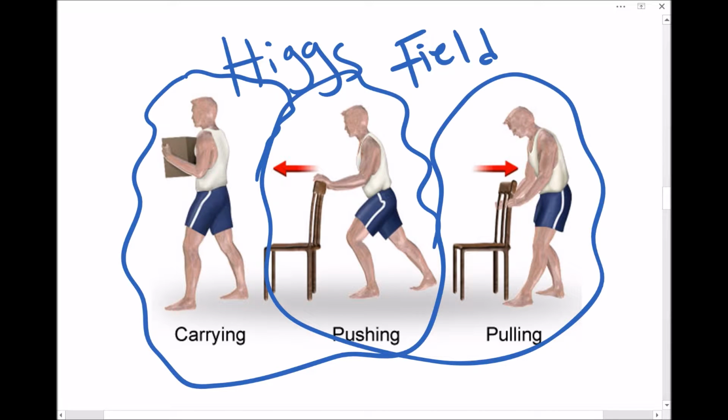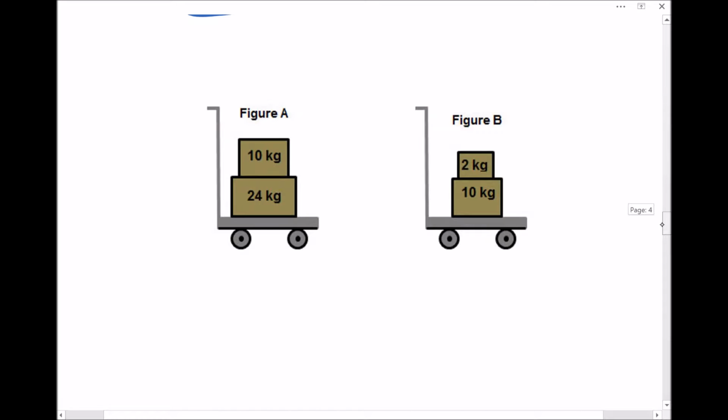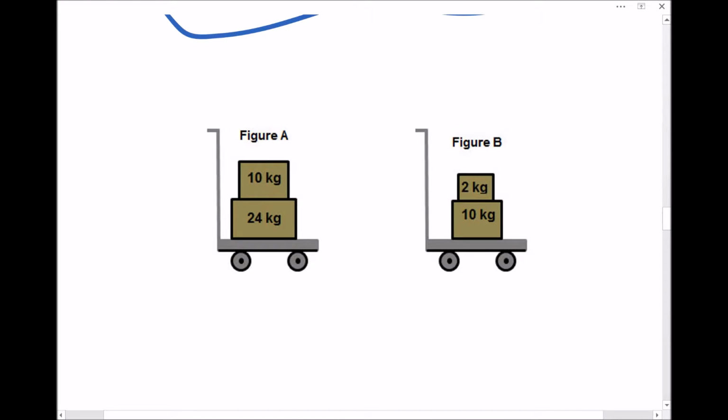It's surrounding the entire universe. Now, let's take a look at these two carts over here. So the cart in figure B has a smaller mass, and the cart in A has a bigger mass.